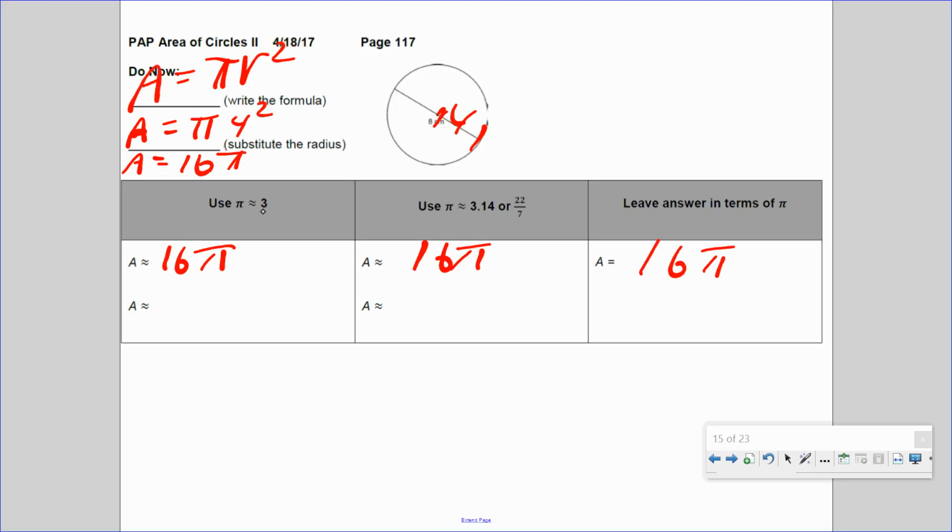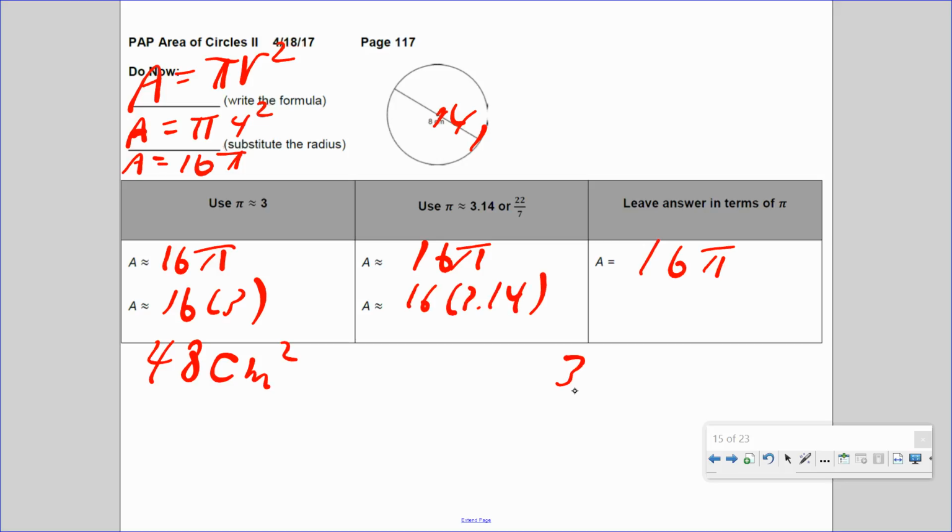Now substitute the pi with 3. 16 groups of 3 is 48. I can't see that unit. I believe it's square centimeters. What if I want to substitute the pi with 3.14? So 3.14 times 16. 4 times 6 is 24. Carry the 2. 6 times 1 is 6 plus 2 is 8. 6 times 3 is 18.